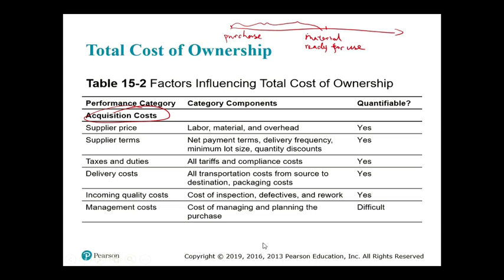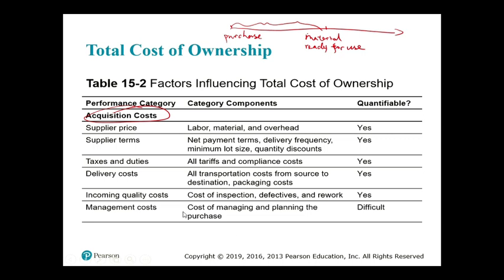So this is the part before making sure the material is ready to use. So we have to inspect the shipments, making sure there are no defective products or no need to rework. If there's any defect, then we may need to send it back to the supplier.